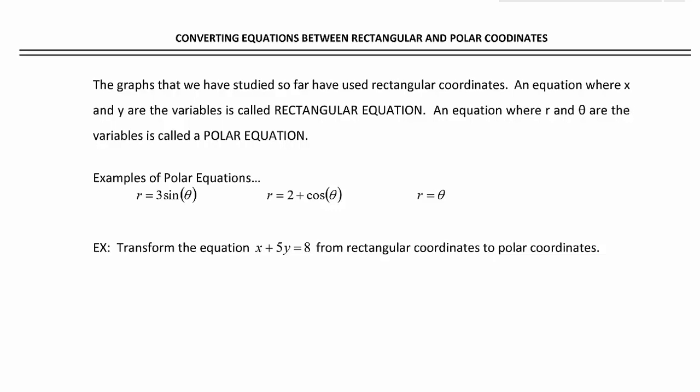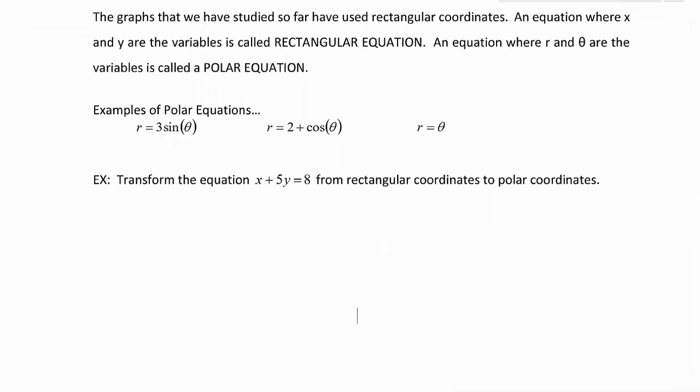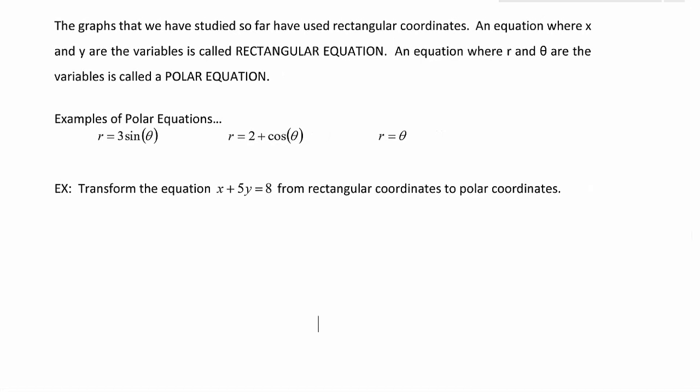Typically in polar coordinates, the r is solved for, just like in rectangular, typically the y is solved for. So let's transform the equation x plus 5y equals 8 from rectangular coordinates to polar coordinates. Now, remember our relationships that we used to convert back and forth before.